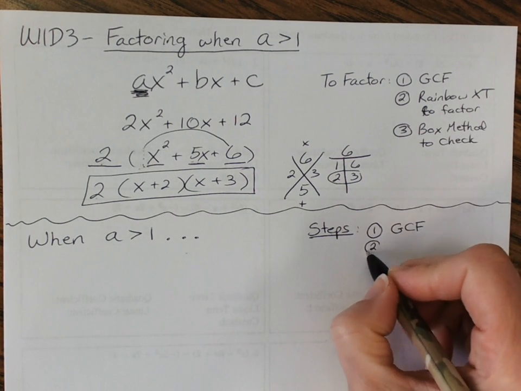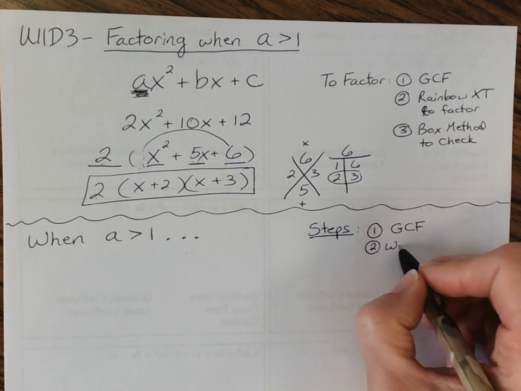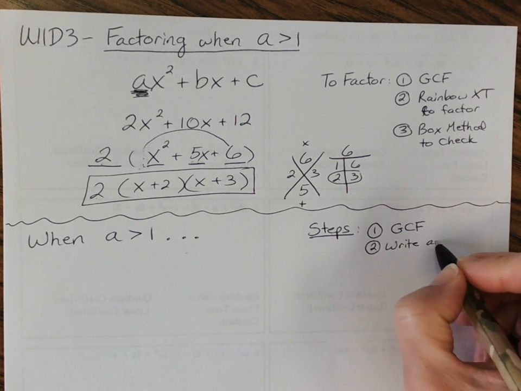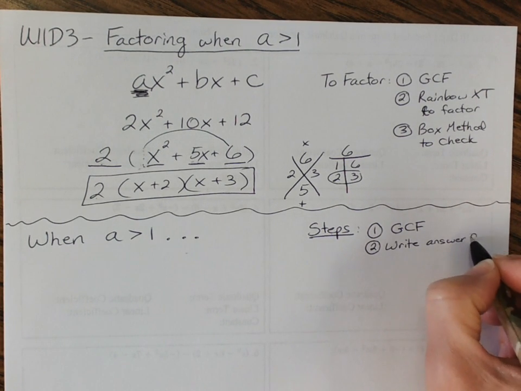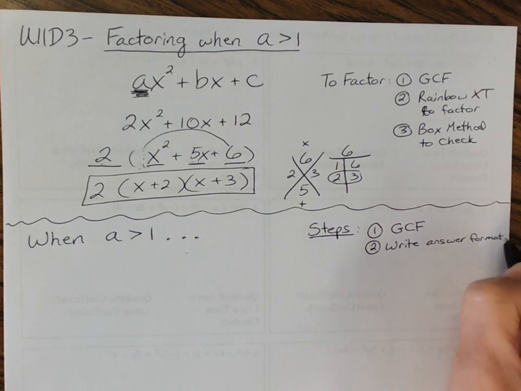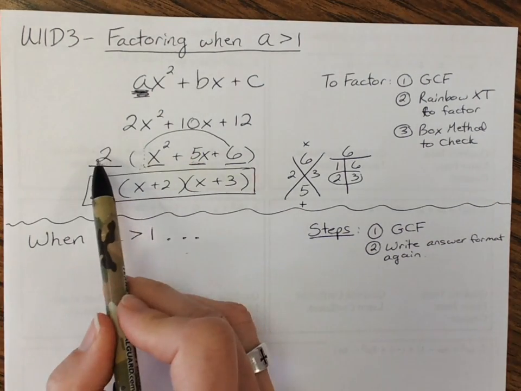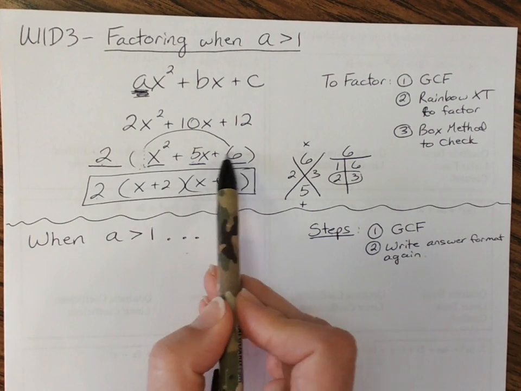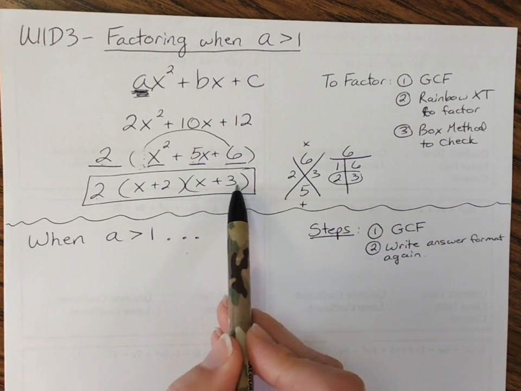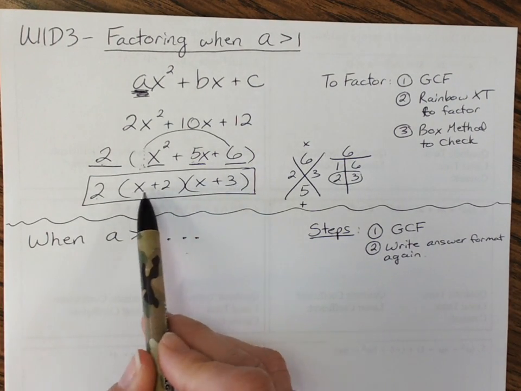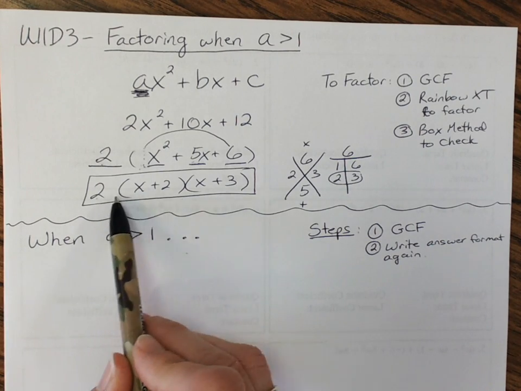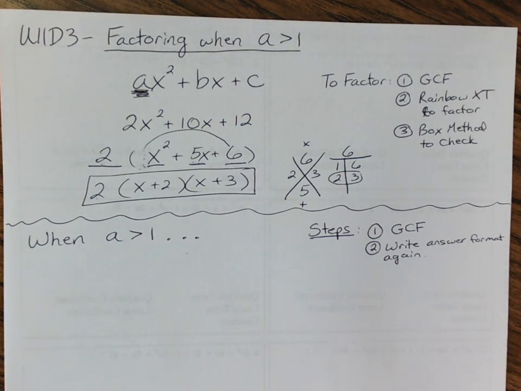Then I'm going to add a little step in here to write our answer format again. Just like up here, I had to have an answer format for pulling the GCF out, but then I had to have another answer format for actually factoring. So we're going to have to write it as a factored form as well.